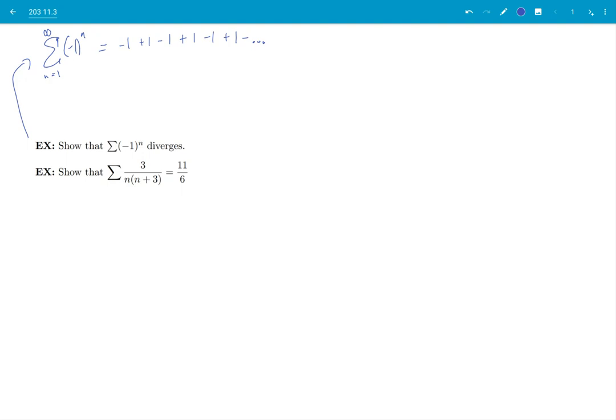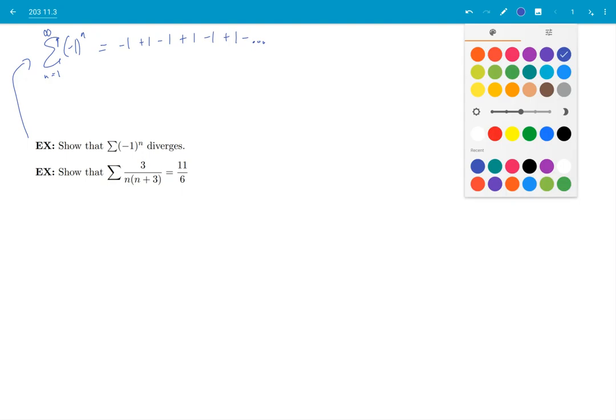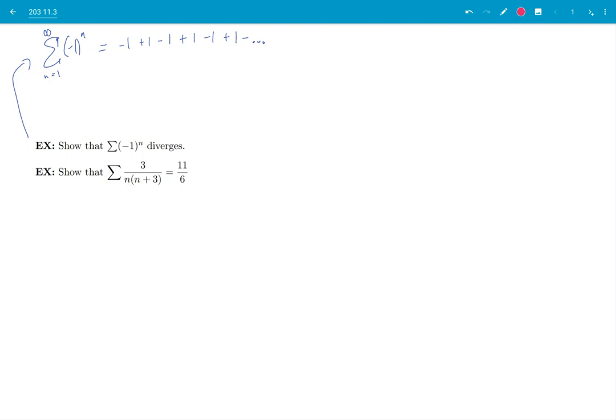So what is the sequence of partial sums? This would be S2 here. And if I take another term, I get S3. If I take a fourth term, I get S4.